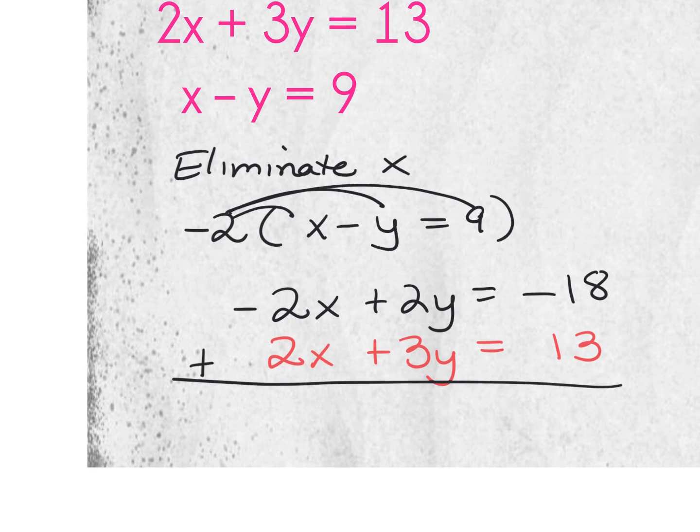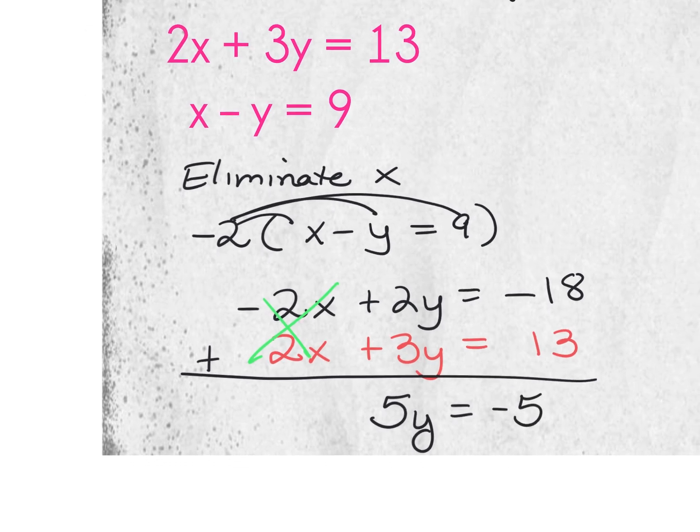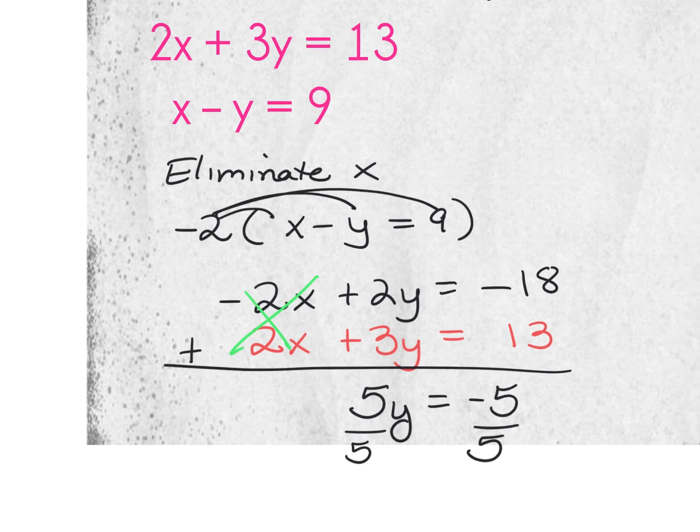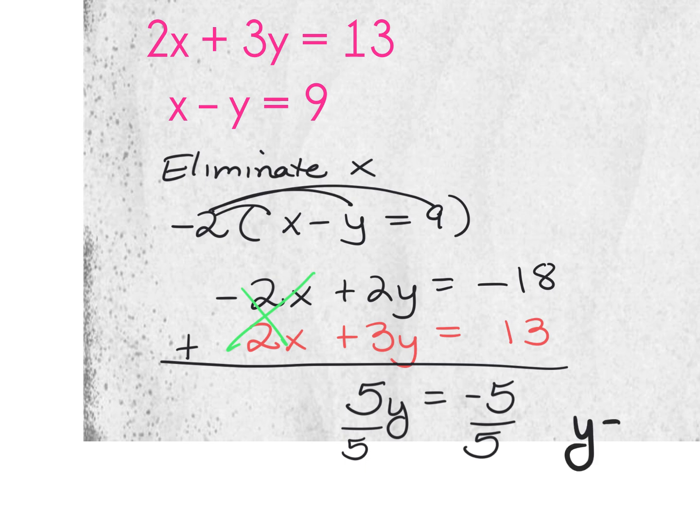Notice my x term cancels out, and now I'm left with adding 2y plus 3y, which gives me 5y, and then -18 plus 13 gives me -5. I'm now going to divide both sides by +5, and I end up with y equals -1.